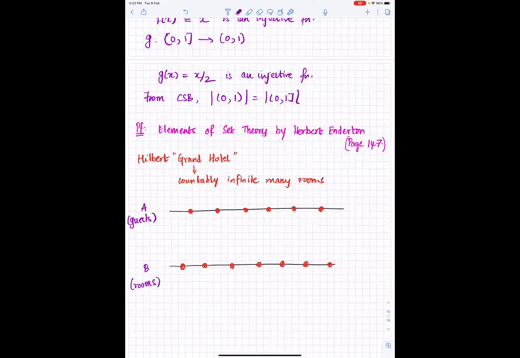Now for A, we know that there is a function f that maps guests to rooms. It is injective, so there are arrows like this.